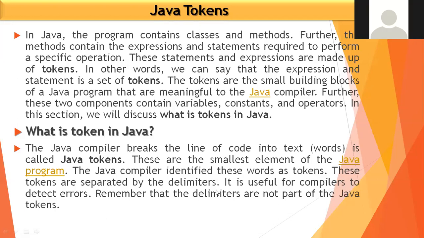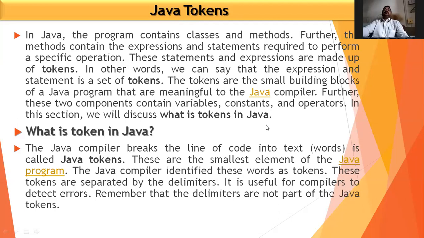These components may contain variables, constants, and operators. We can break the line of code into text, words, and these are called Java tokens.